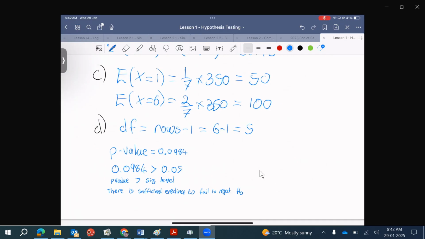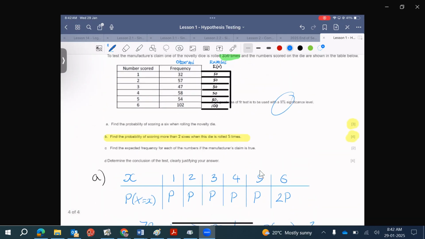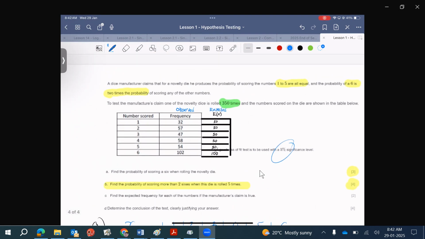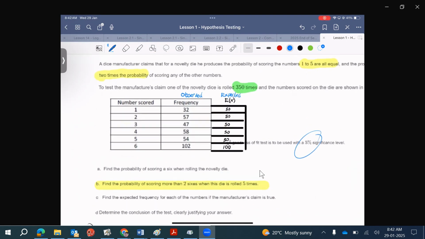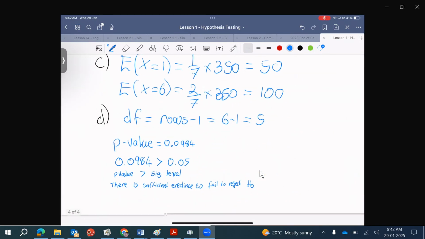So what does this say about the claim? What was the claim? Scoring 1 to 5 are all equal, and the probability of 6 is twice the probability. Yeah. Which validates the manufacturer's claims.